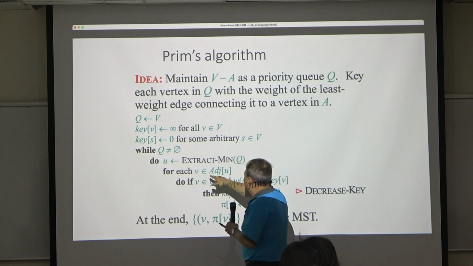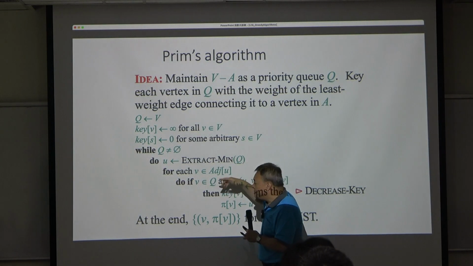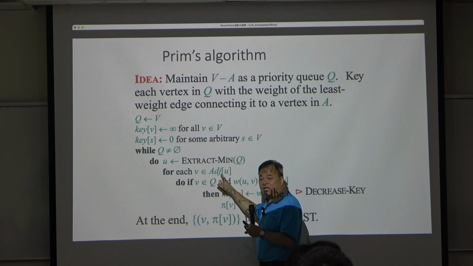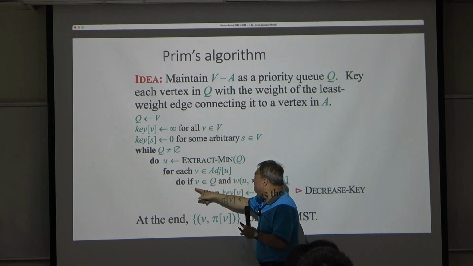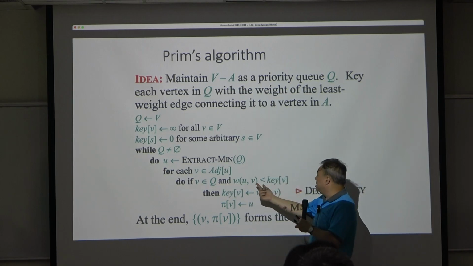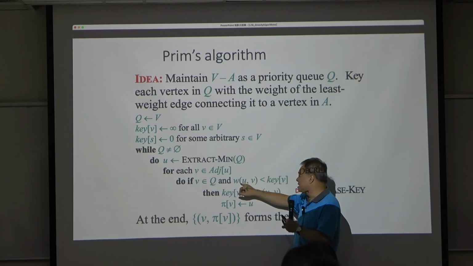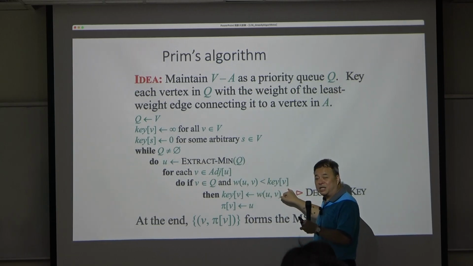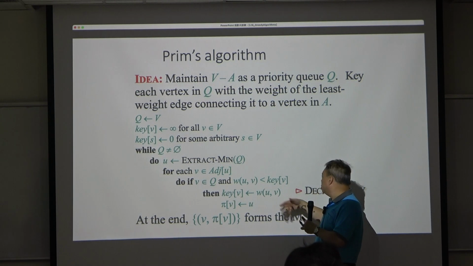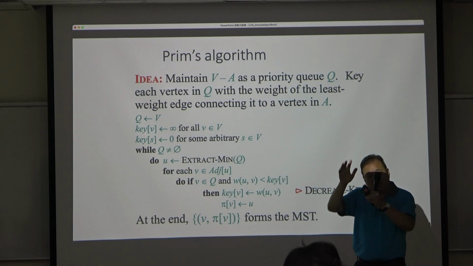And then for each neighbor of the node that you pick, which is S, you check if the weight of the edge connecting S to this node is smaller than the key or not. If it is smaller, you update the key, and then you do the reheap, basically maintaining the priority queue.